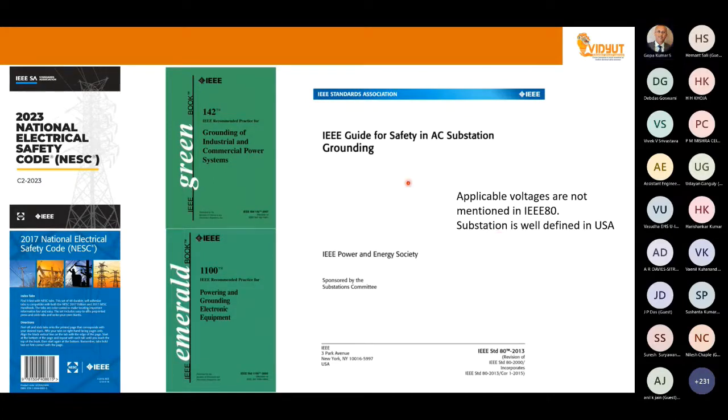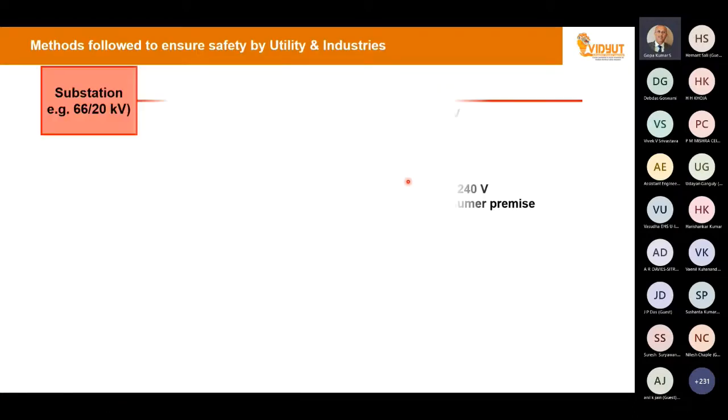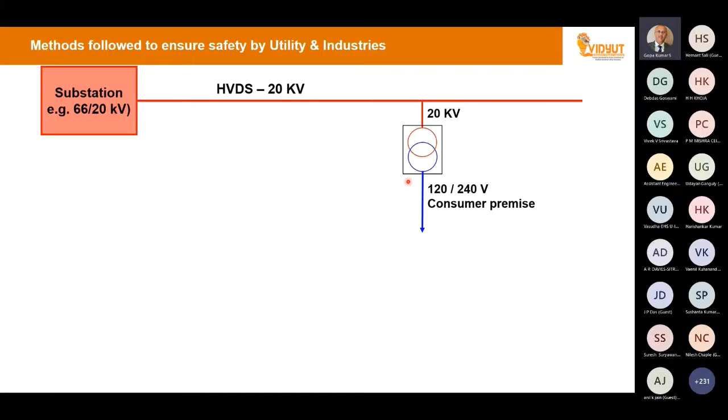Whereas this standard is misused in India and put into tenders like our Metro Railways, which is of national interest, and the whole thing is spoiled. Let me show you how it is spoiled. In America, at a 66 kV substation, they have HVDS, high voltage distribution system.